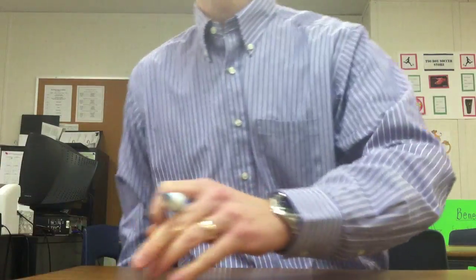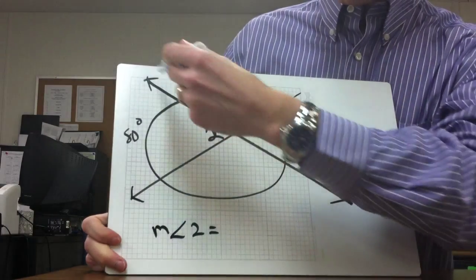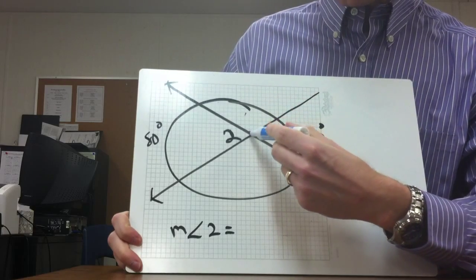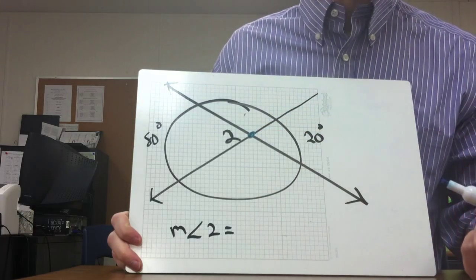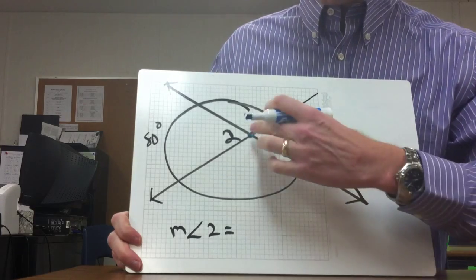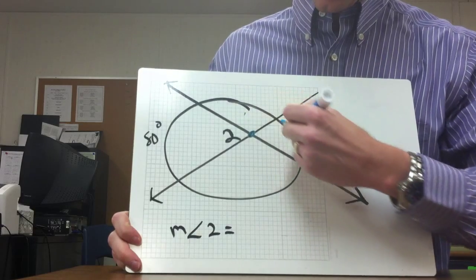The last case is if the vertex is inside of the circle, which you will see in this picture. You've got two secants that intersect inside the circle, and there's our vertex, and we're trying to figure out the measurement of angle 2. We still have two intercepted arcs. If you follow it out, we've got 80 degrees here, but you also have 20 degrees here.